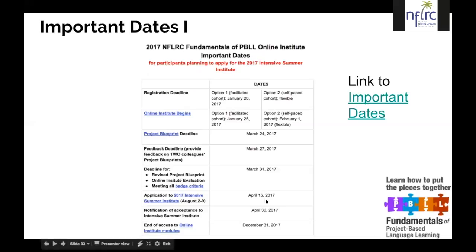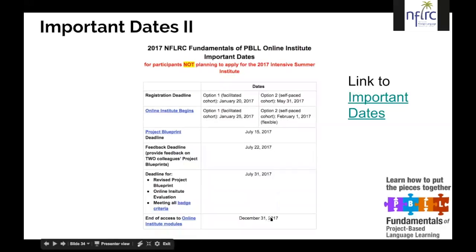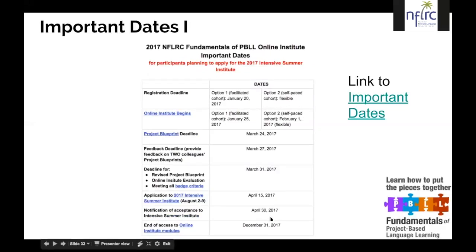And then April 15 is the due date for you to submit for our Summer Institute, which is August 2nd to 9th. And then by April 30th, you will receive notification if you're accepted for Summer Institute or not.